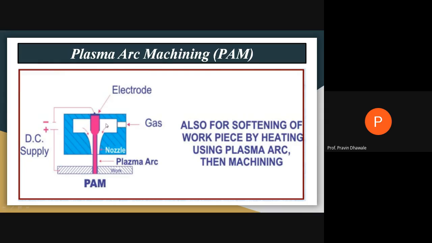Here gas is passed through this nozzle. This will be the electrode. When the gas comes out from this nozzle, the plasma arc is generated here.